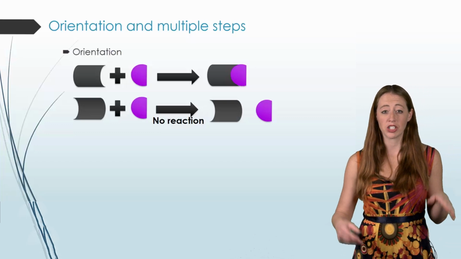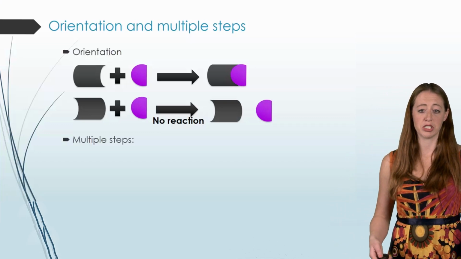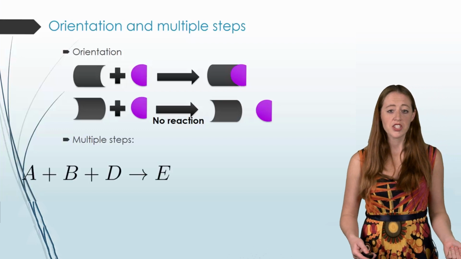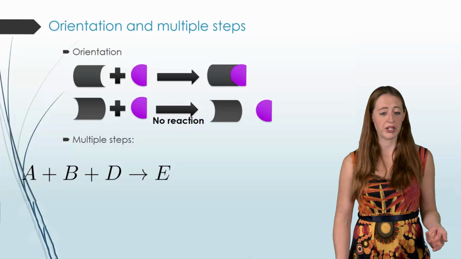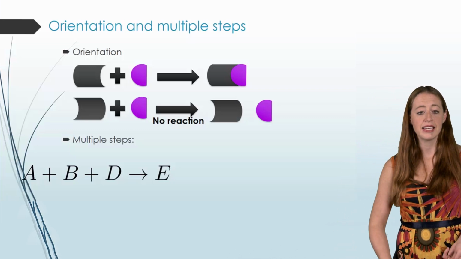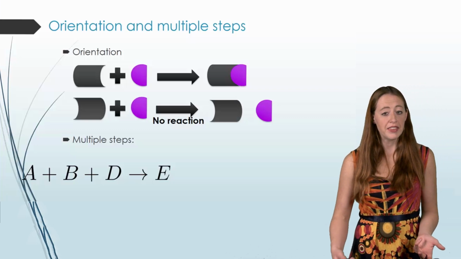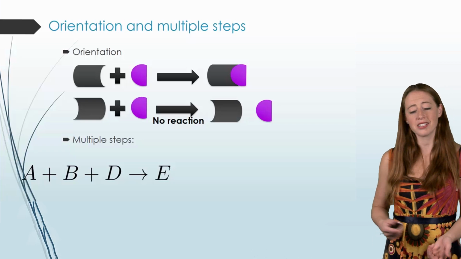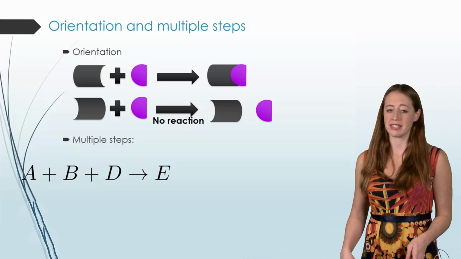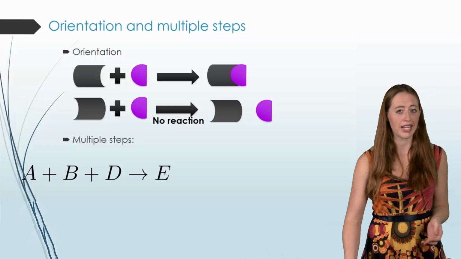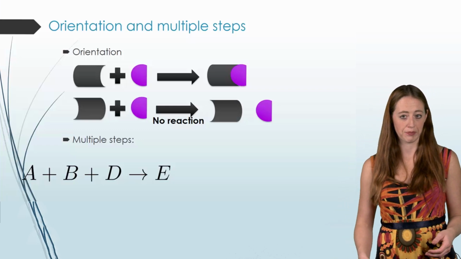Now, what we're going to cover a lot in this video is this idea that multiple steps also matter. So if we have three reactants and they go to a product, so here I have A, B, and D being our reactants, E being our product, this may not all occur in one step. And actually, if you have three reactants, likely it's not going to occur in one step. Usually a three reactant system will occur in more than one.